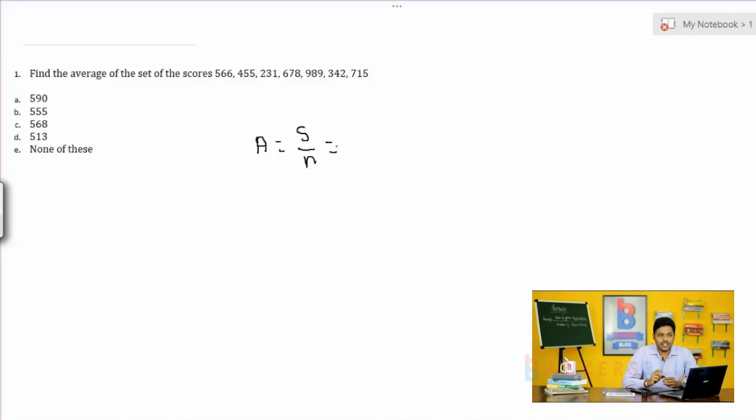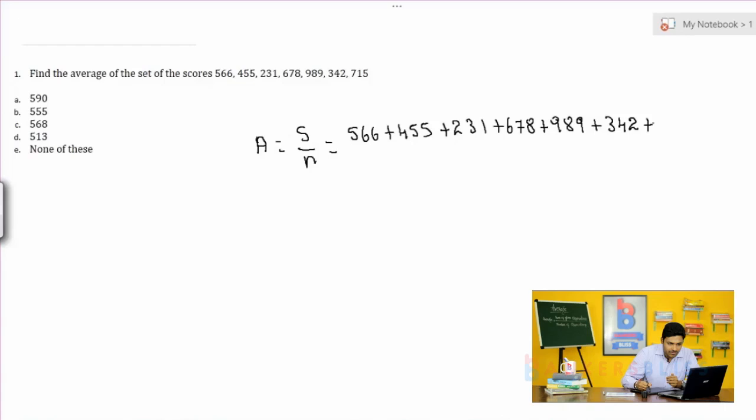So the sum of the values: 566 plus 455 plus 231 plus 678 plus 989 plus 342 plus 715, divided by the number of observations. Totally 7 observations are there.